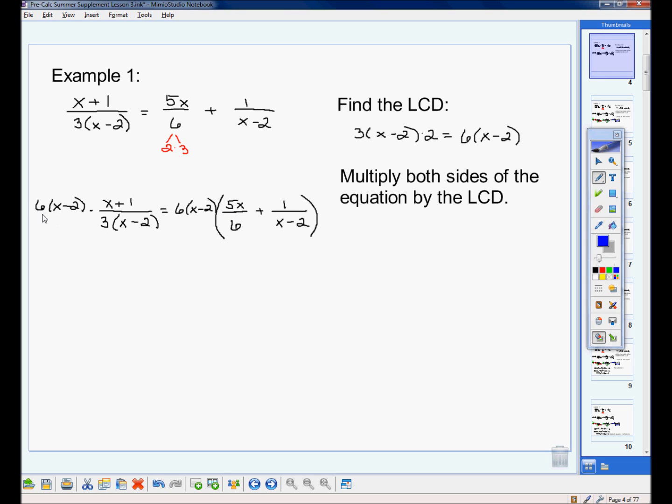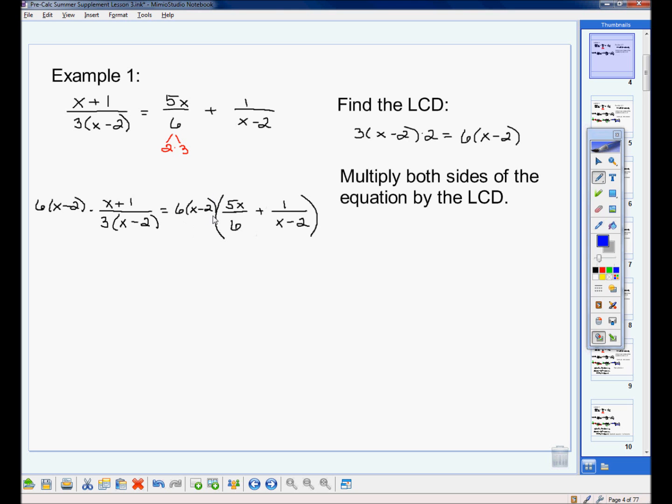Multiply both sides of the equation by the least common denominator. So here's your 6 times (x minus 2). Here it is again. Multiplying it times this side, multiplying it times this side. Now you have to be careful that you actually distribute this times both of the terms inside.